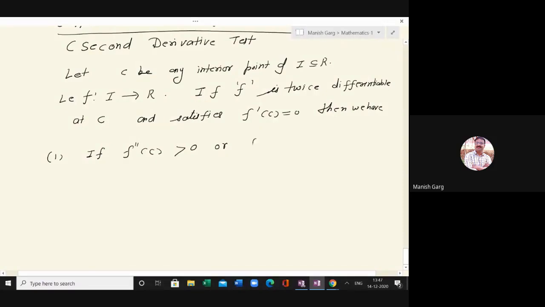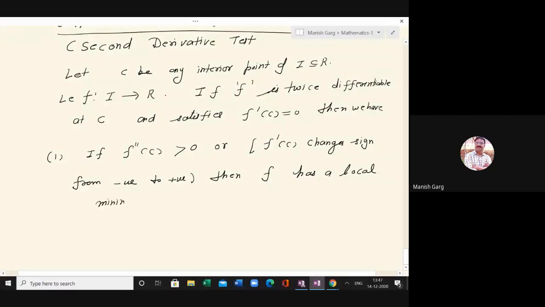You can also say f dash c changes sign from negative to positive in the neighborhood of C, left to right. Then f has a local minima at C.